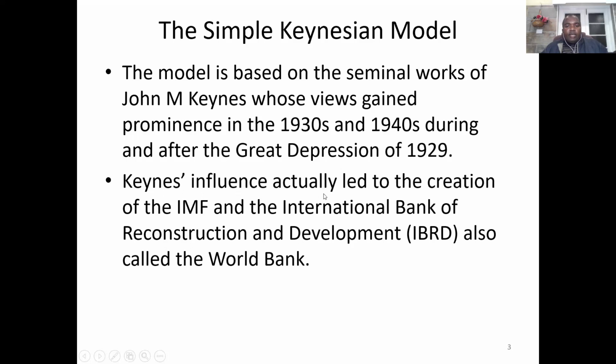The influence of Keynes actually led to the creation of the twin Bretton Woods institutions of the International Monetary Fund and the International Bank of Reconstruction and Development, which is normally called the World Bank.